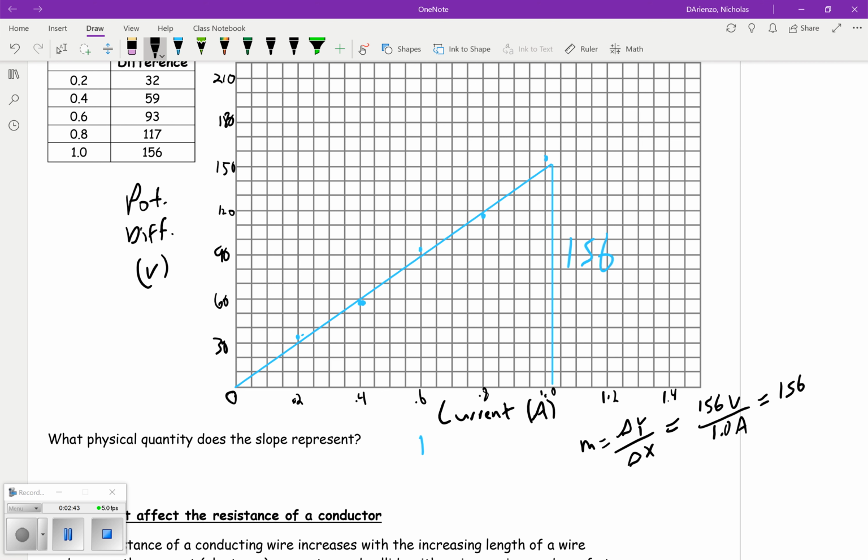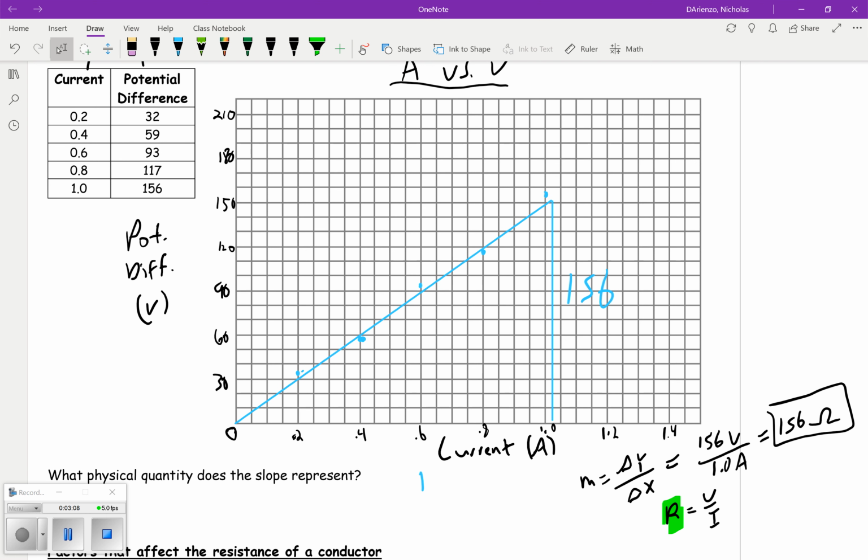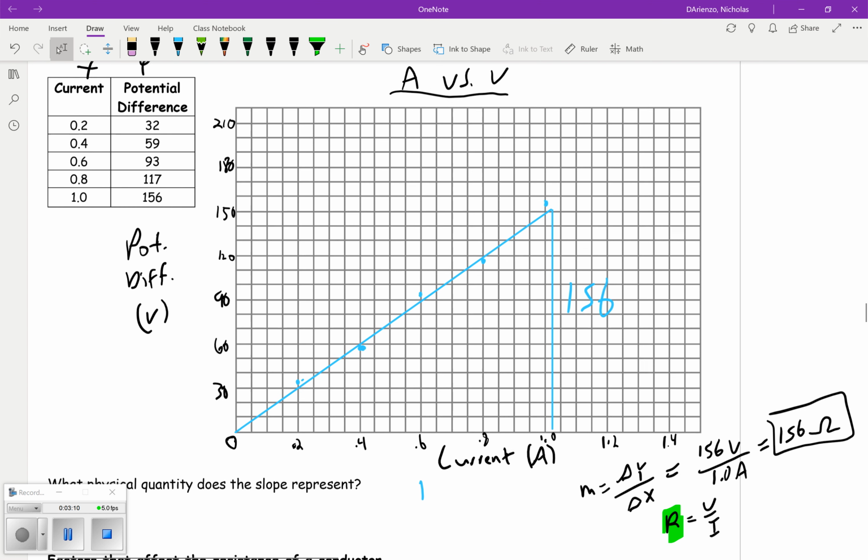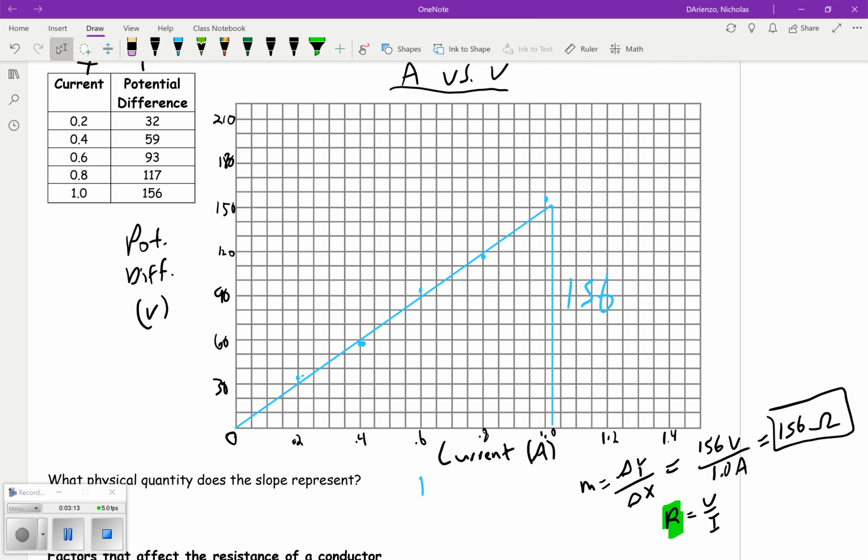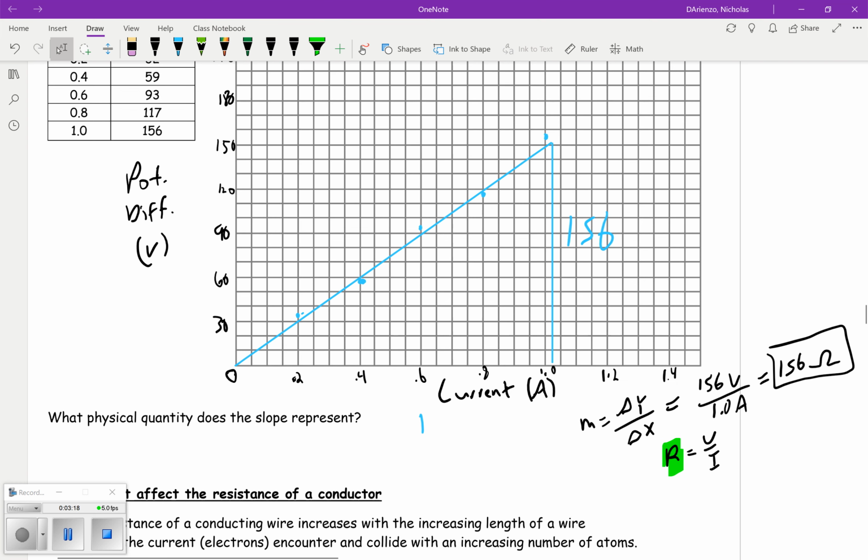from our previous lesson. We know that the resistance in a conductor is equal to the ratio of the voltage over the current. So this 156 is going to be our resistance, and therefore we label this with our ohms designation. So the resistance of this conductor that has these current values across this potential difference is 156 ohms.